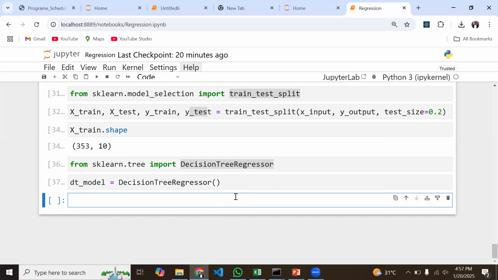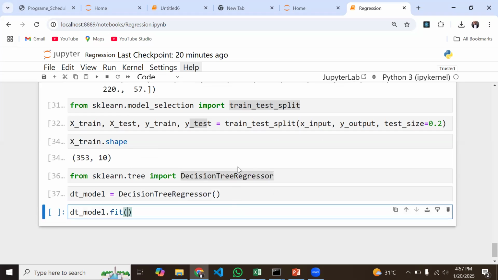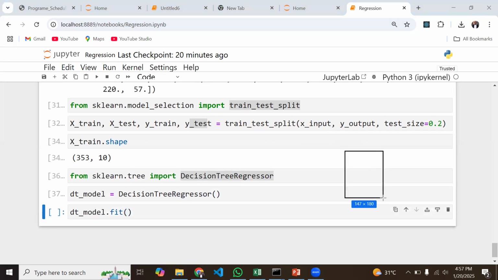Now I can do the DT_model.fit. Now, what do I want to fit? And once again, I always do this just for reference, because it is important we do that. So these are data sets, and per our data set, we have columns and rows.